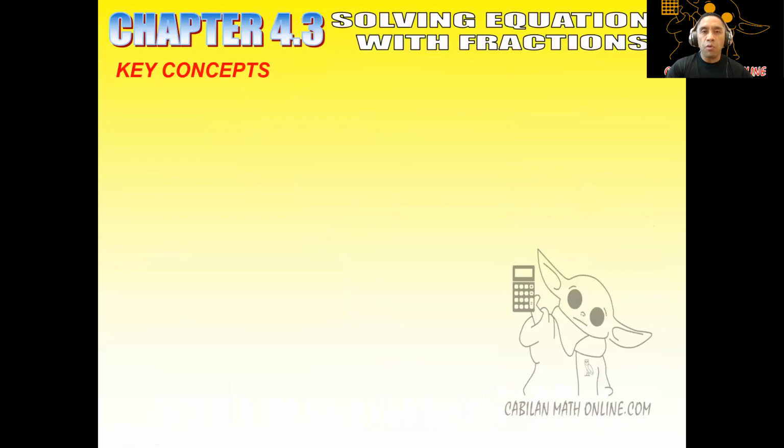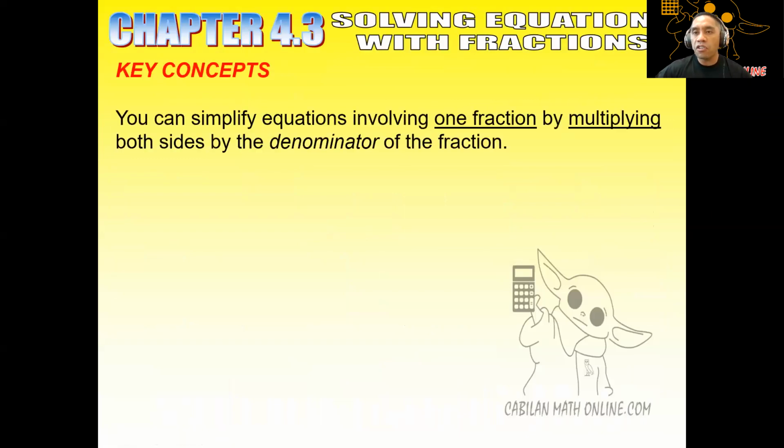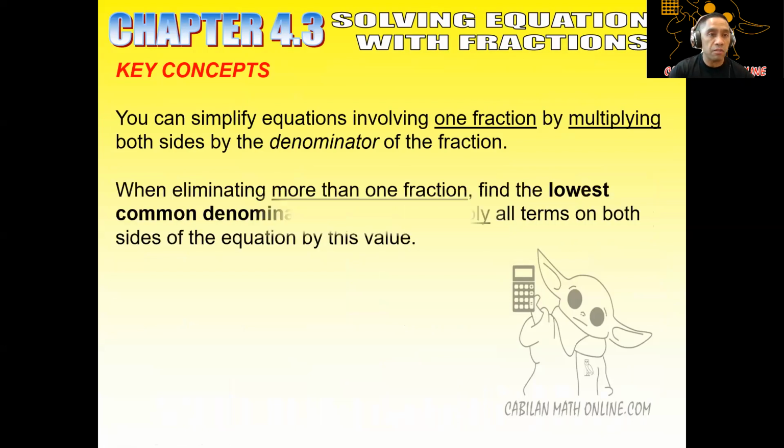When we have an equation with a fraction, one of the main steps is that we need to multiply both sides by the denominator. That's how we're going to solve for that. Once you do that, you will get rid of the fraction, and you'll be left with an equation with no fractions.